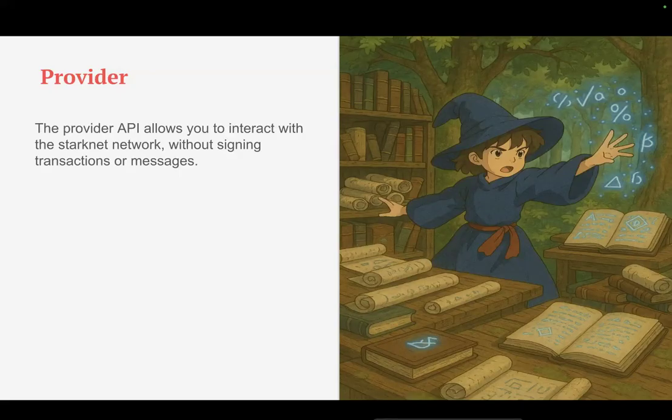And connecting to a node with the provider allows us to have access to the Starknet network, mostly being able to read information from the blockchain. That's what the provider helps us with. And then there are different providers which we can use to connect with the blockchain through the provider API. Most popularly, we have Infura, Blast API, Alchemy. I'm sure virtually everyone knows that.